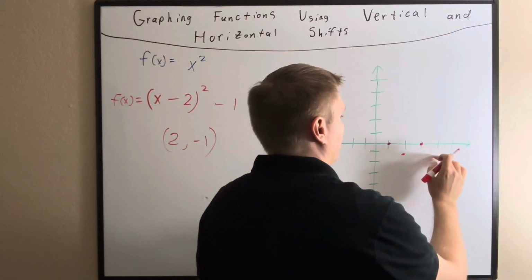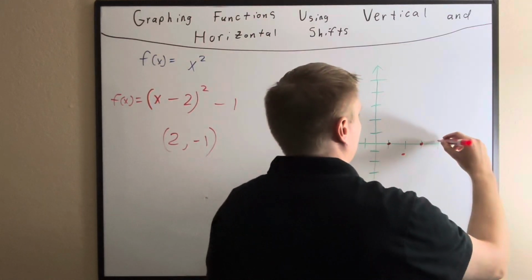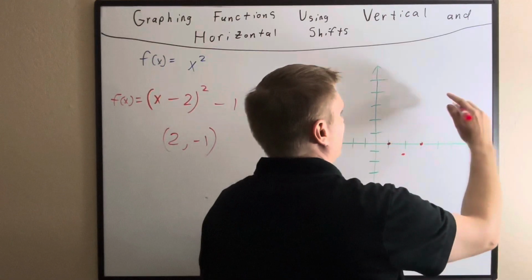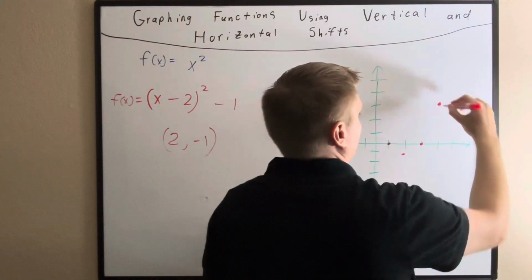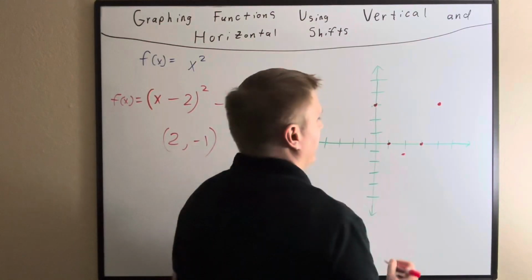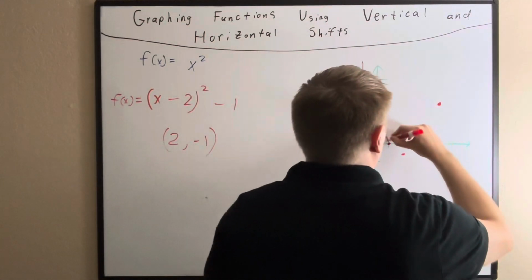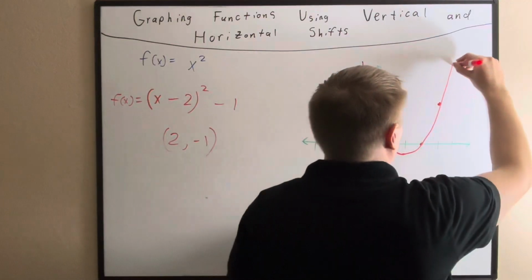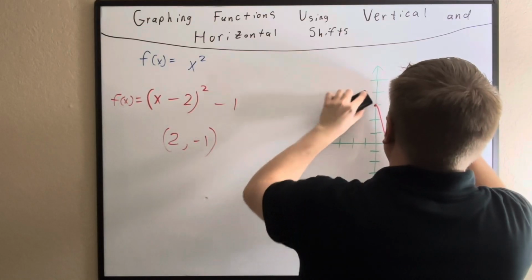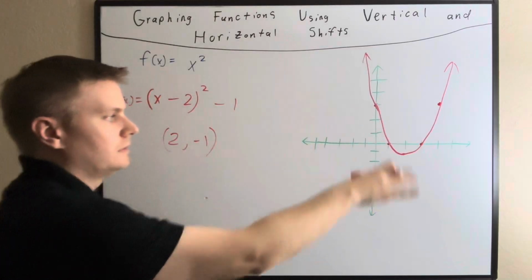Because it would be from this, pretending that this is the origin point now. And this is +1, so it'll be 2, 3, 4. All right. And kind of mirror that on the other side here. Those are the points for the parabola that has been shifted over 2 and down 1.